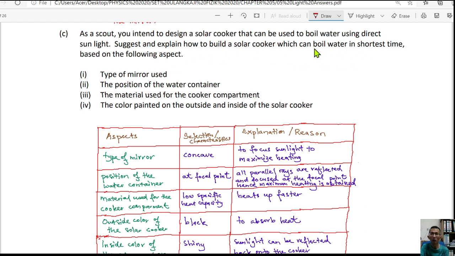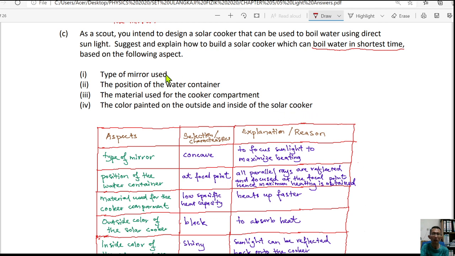It can boil water in the shortest time. So the aspects: mirror, position of the water container, the material used for the cooker compartment, and then the color painted on the outside and inside of the solar cooker.